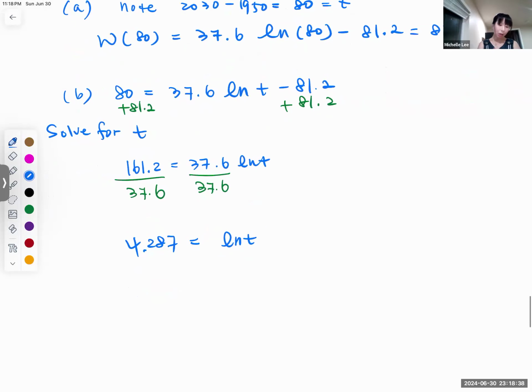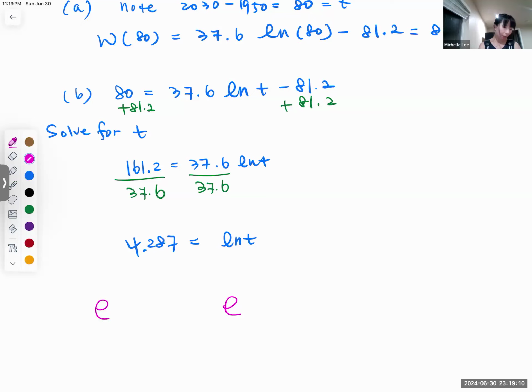Okay, now how do you solve for t? We cannot divide by ln, yeah? That's not so simple, okay? Previously we took the natural log, right? But in that case, we take the base e on both sides. So we take the base e instead of taking the ln, right?